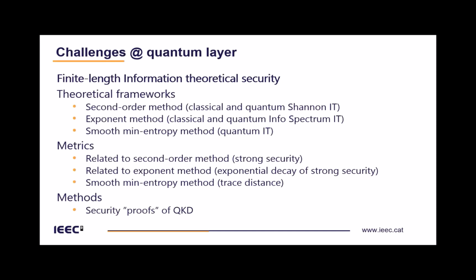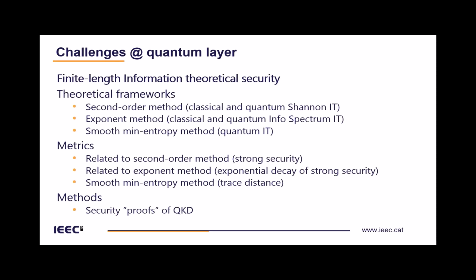But then there are these other methods, like, for example, smooth min-entropy, which is so difficult to compute that there are so many ways to get around this difficulty that you have as many papers as options of how to get around the difficulty of computing this smooth entropy.